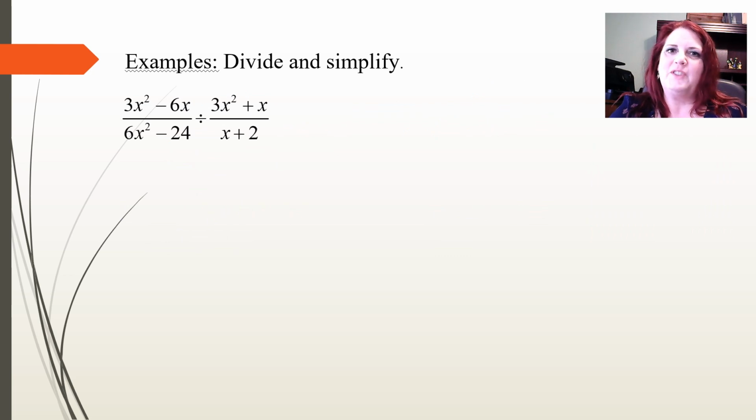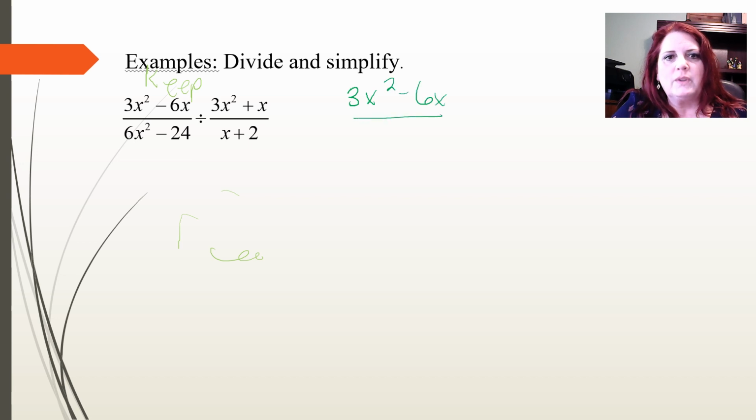So here we have a division problem. Before I do any factoring or anything, I'm going to do that first step and rewrite this as a multiplication problem. So the keep that we're going to do: we're going to keep this first one, 3x squared minus 6x over 6x squared minus 24.